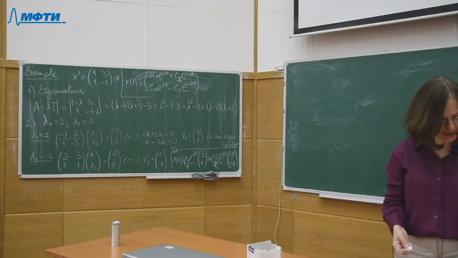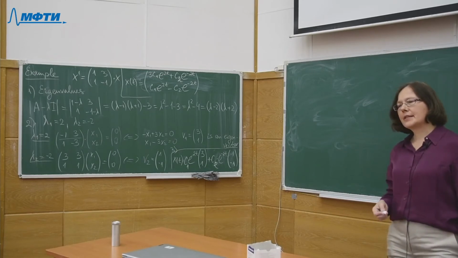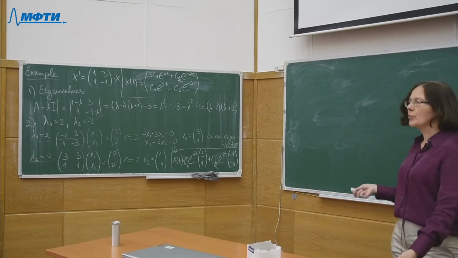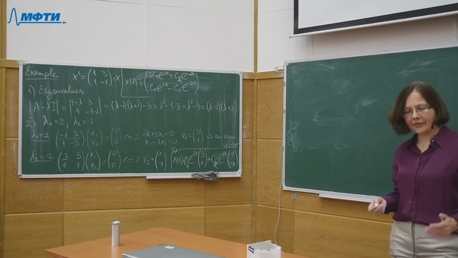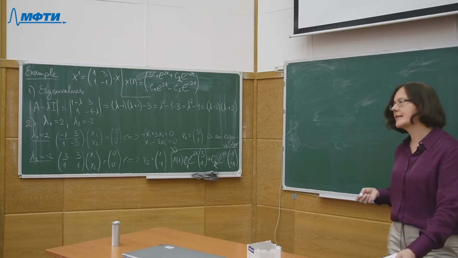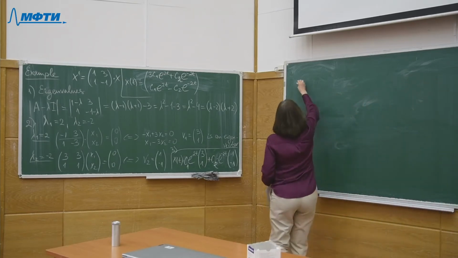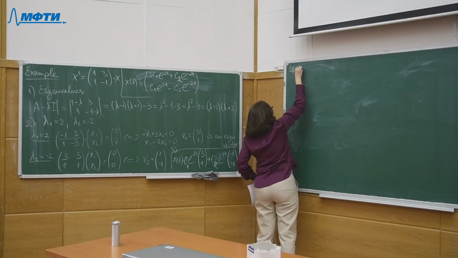What shall we do then? So first, I will state and prove a very important lemma, and after this, we will consider an example with complex eigenvectors and eigenvalues. So, lemma 2.